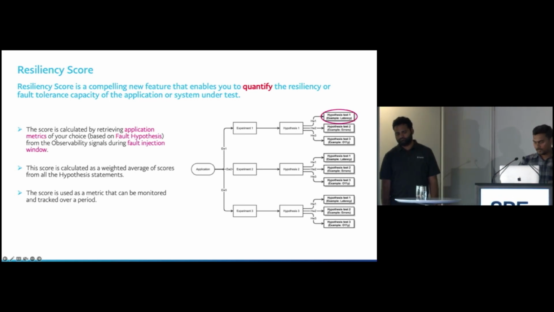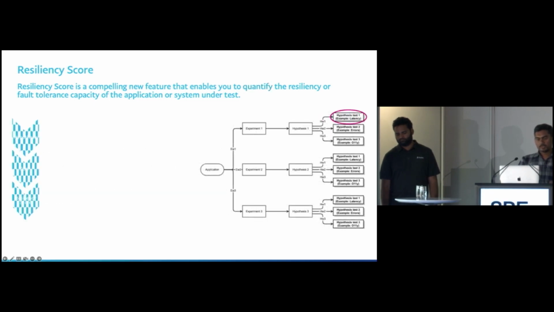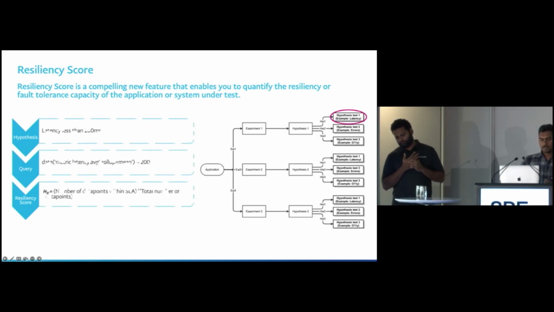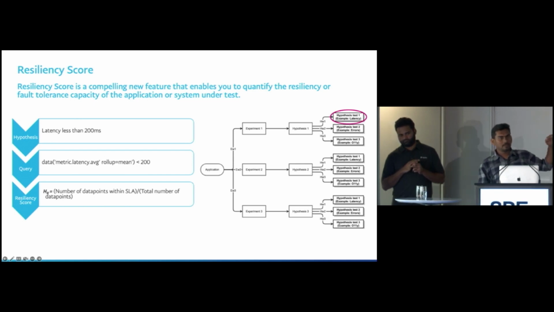Just to further drill down on this: how do you calculate the resiliency score for a given hypothesis? You start with your hypothesis, translate that into your query, which depends on the observability system that you are using, and then calculate the score from that. An example: let's say your hypothesis is that the system's latency is going to be less than 200 milliseconds.